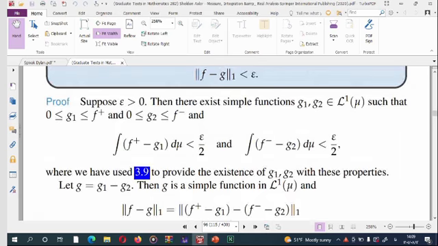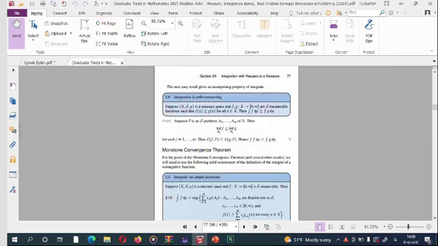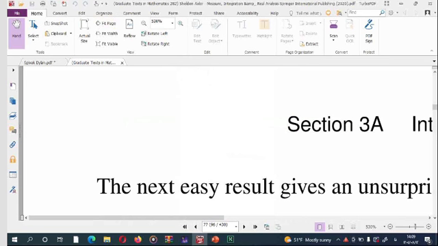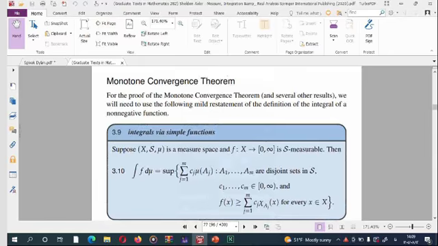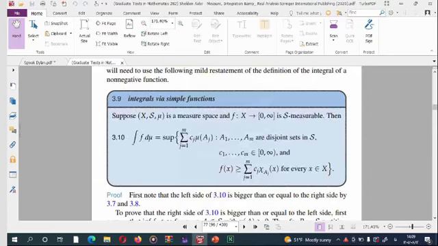Please note that we use this proposition. For any S-measurable function with non-negative values, f from X to [0, infinity], this integral equals this supremum.